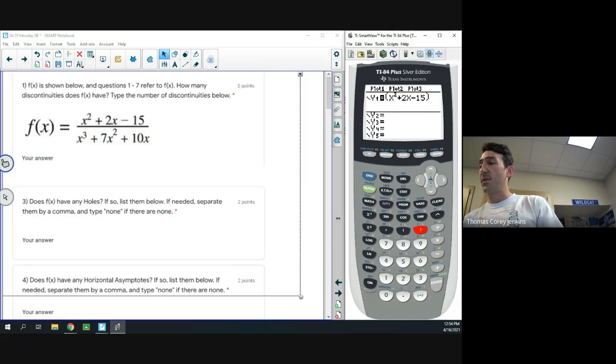Notice I do put that in parentheses. And then divided by parentheses x cubed, that'd be x caret key 3, then plus 7x squared, and plus 10x.